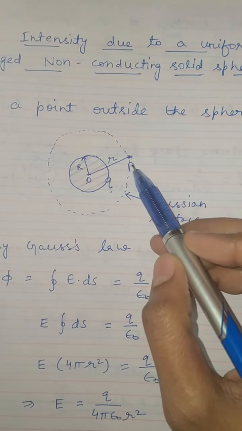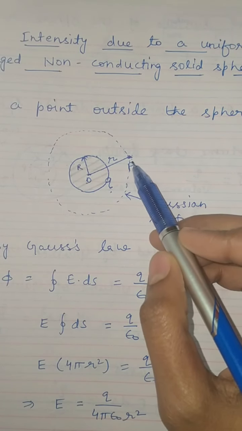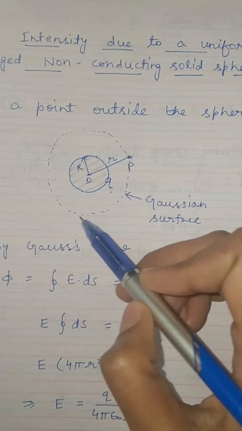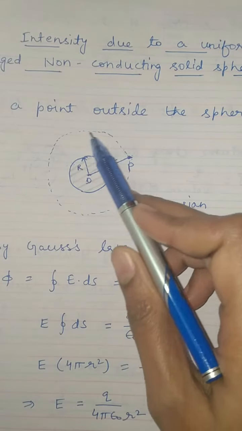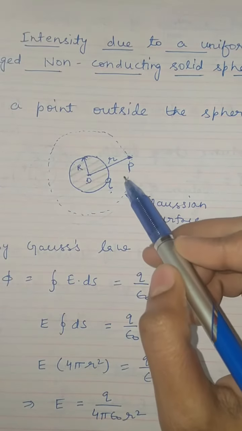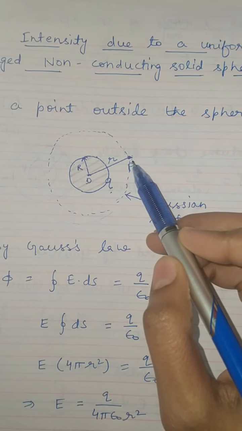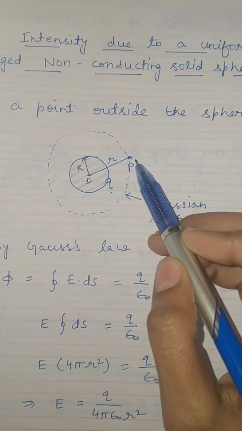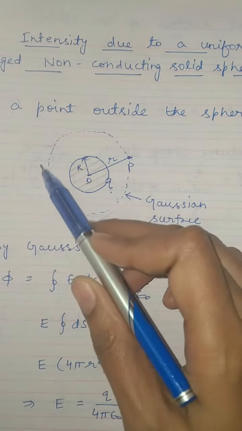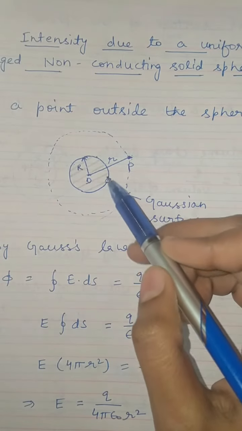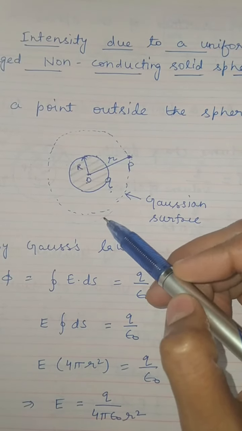So to calculate the electric field at P, we will again draw a Gaussian surface which will be a sphere. On its surface, the point P lies. So this dotted line is its Gaussian surface.